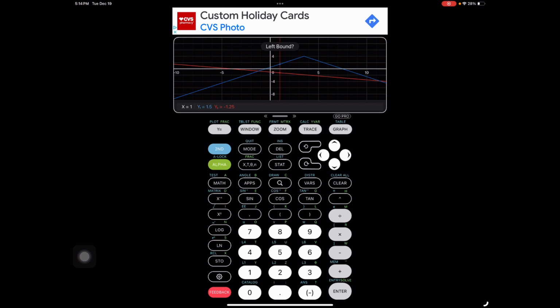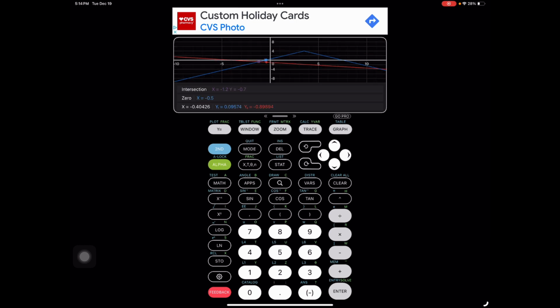Now, for me, it's going to want me to do left bound and right bound. You just move your cursor to the left of the first one. You'll have a little blinking cursor and you'll hit enter for your first curve. Then go to the right of the intersection point and hit enter. And then you should get your intersection point.